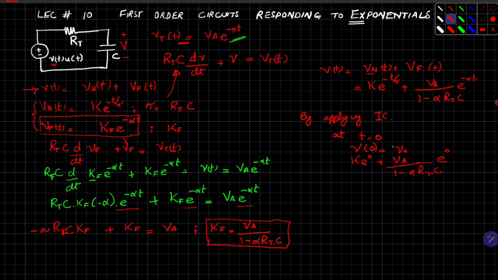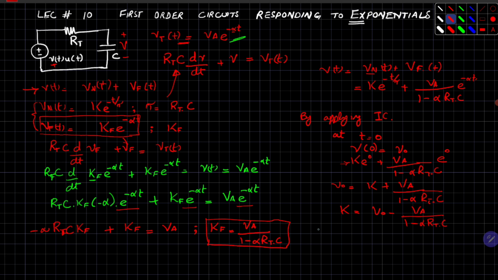This was for the natural response and this was for the forced response. So we get V naught equal to K plus Va over 1 minus alpha R Thevenin times C. Now we simplify some more, and we get the value of K. So K is equal to V naught minus Va over 1 minus alpha times R Thevenin times C.